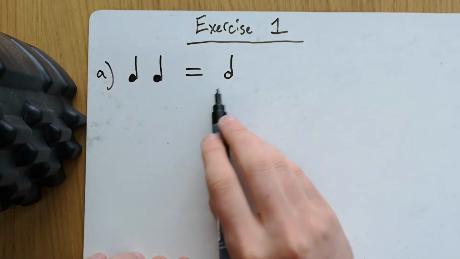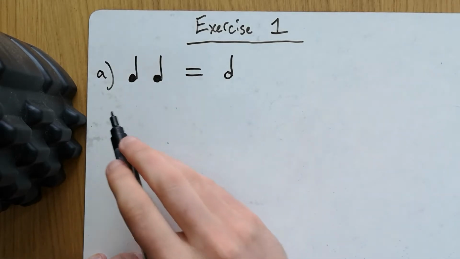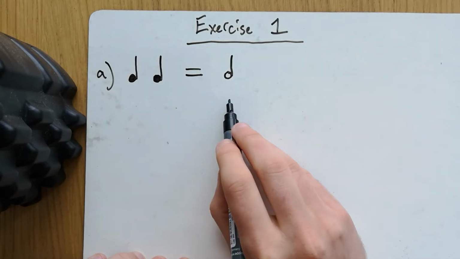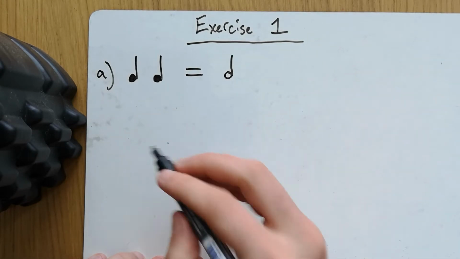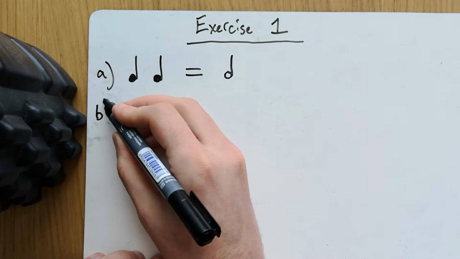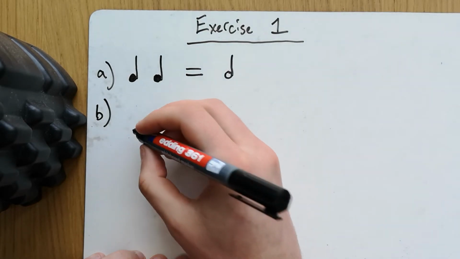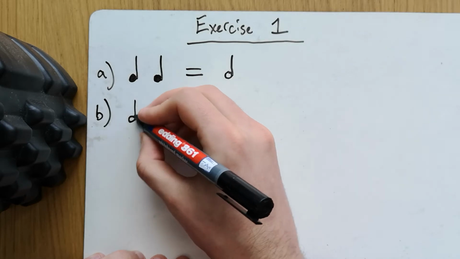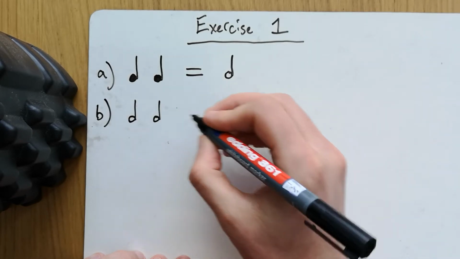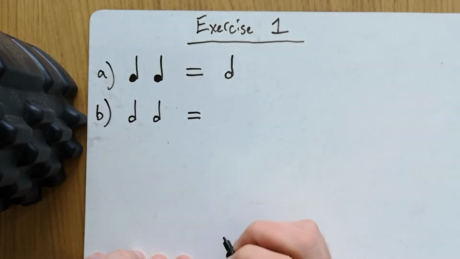Okay, so I'm going to give you a bunch of examples. I want you to copy them out, and I want you to draw in the note that you think is the answer. So for B, 2 minims is equal to what?